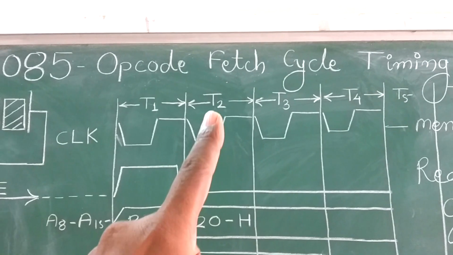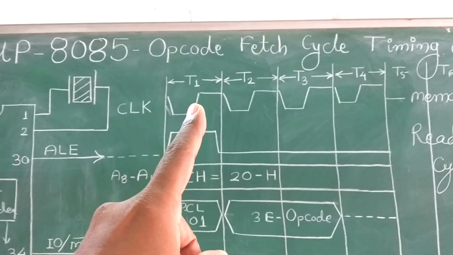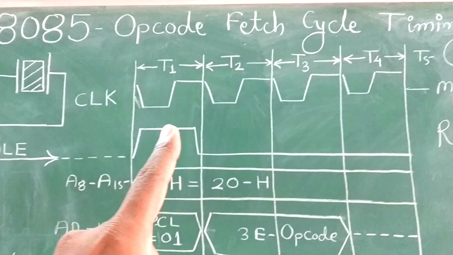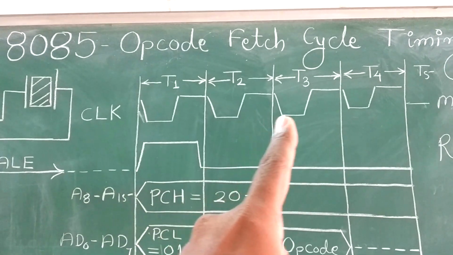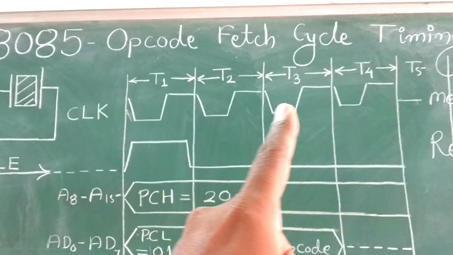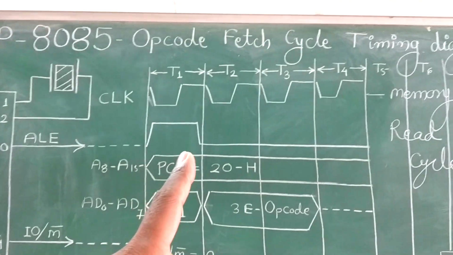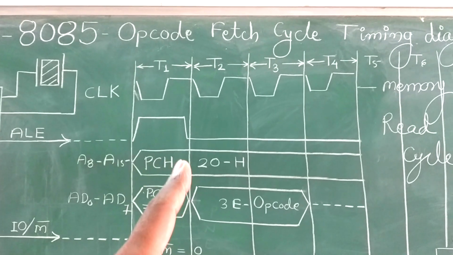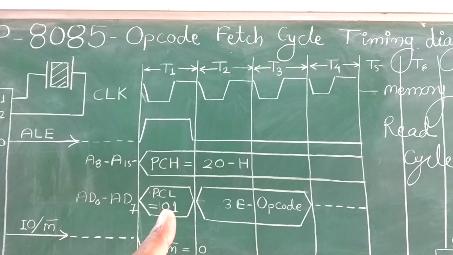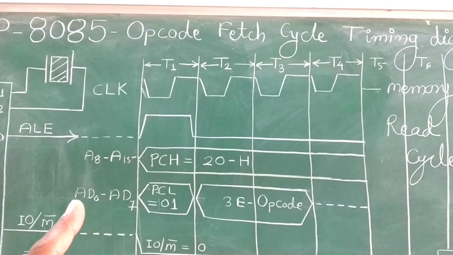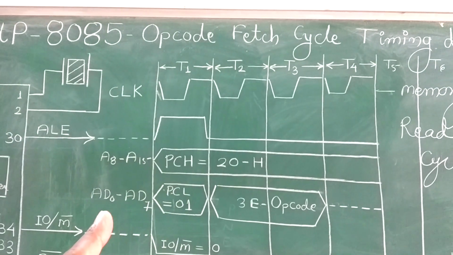We are taking a review of the opcode fetch cycle which we have already studied. The opcode fetch cycle in the microprocessor basically has 4 T states, T1, T2, T3, T4, and during T1, as we have already explained, ALE is enabled, and whenever it is enabled, the lower address, PC low bit, is placed on the multiplexed AD0 to AD7 buses.